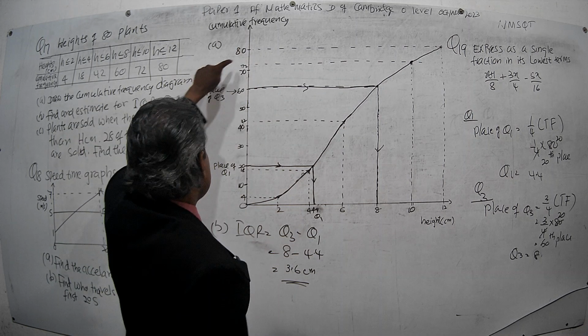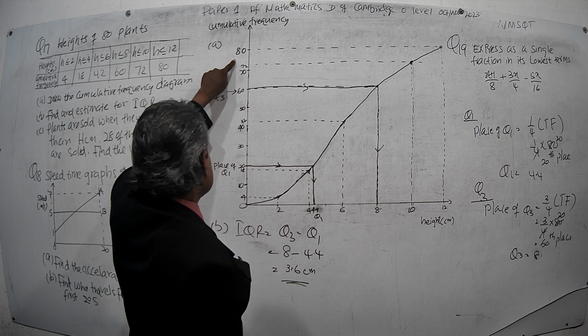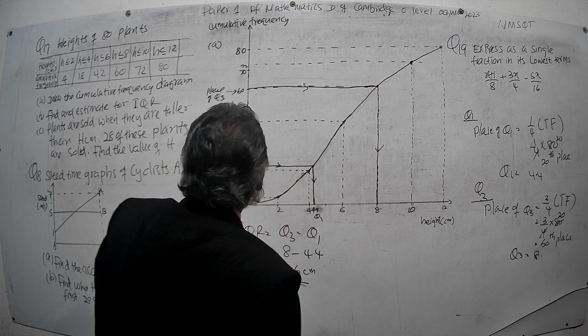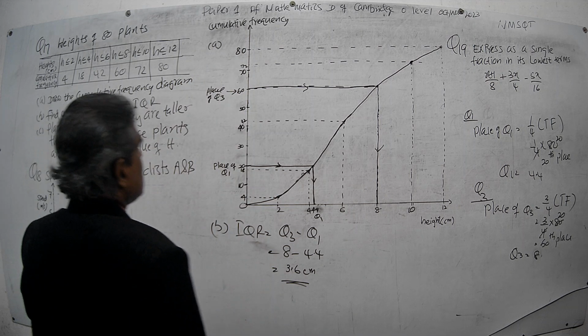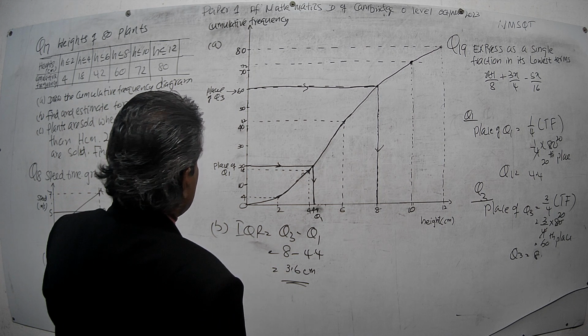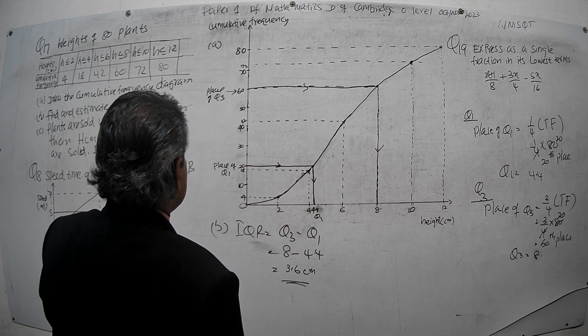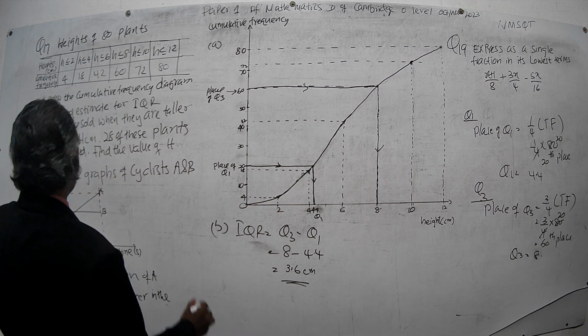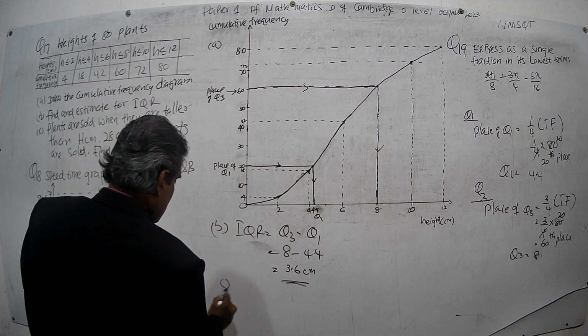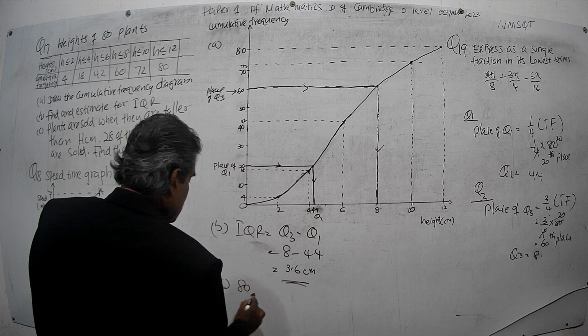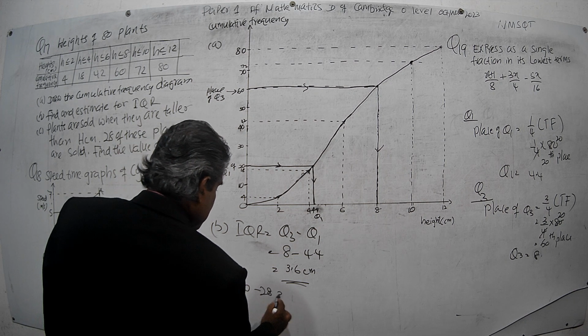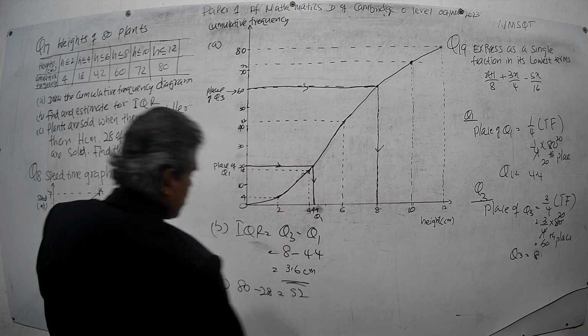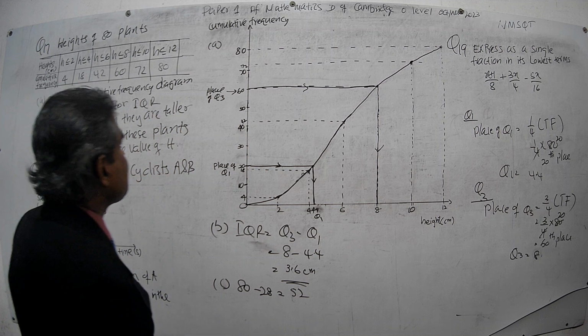When you count down by 28 from 80, it will be 52. Yes. You deduct 28, then it will be 52.